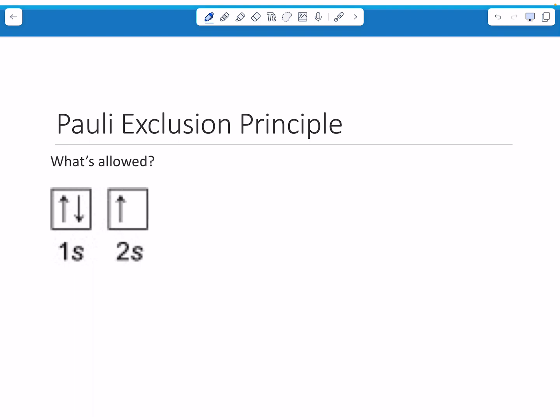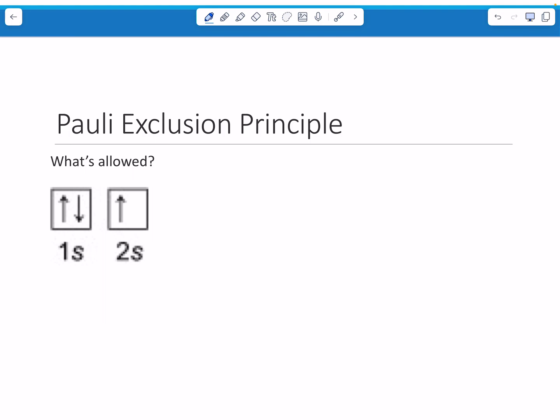So again, if we have 1 electron, we don't have to worry about the partner. If we have 2, we are going to pair up electrons with opposite spins. Once we get a 3rd electron, then we go to the next orbital.